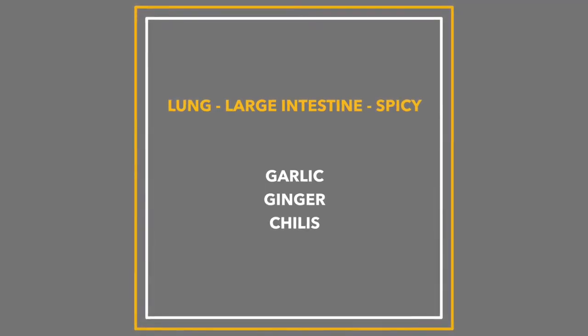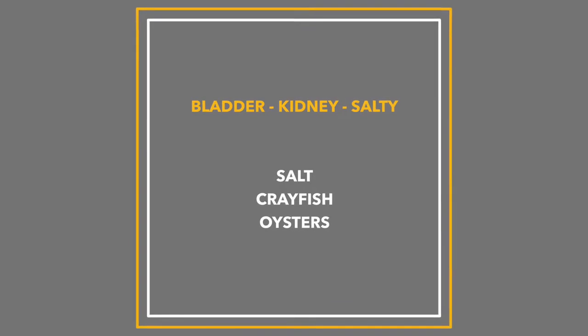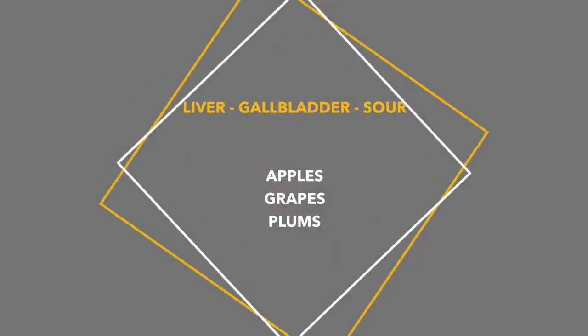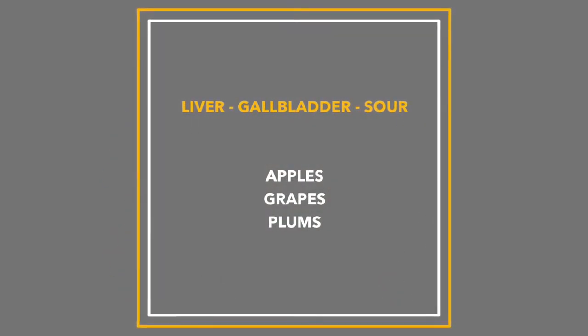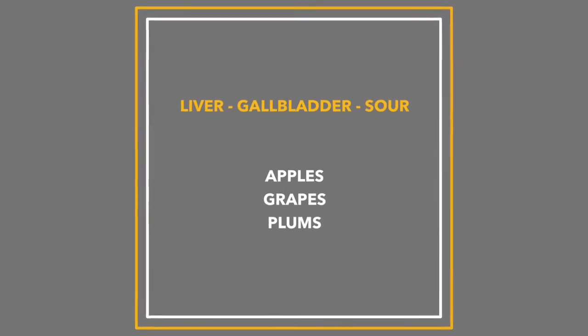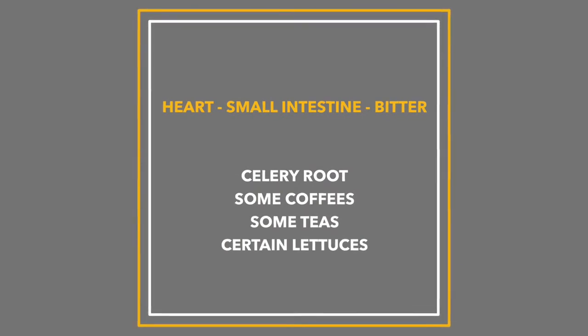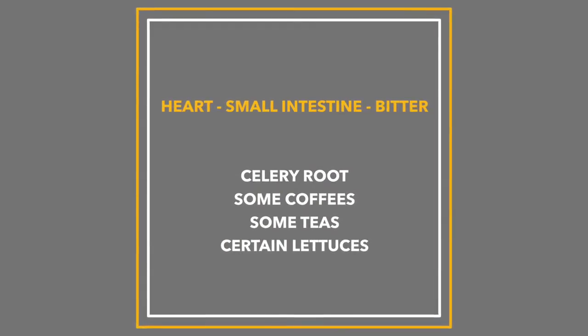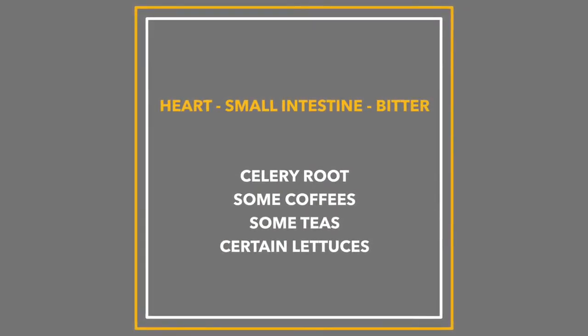The kidney and the bladder are associated with salt, like salt, crayfish, or oysters. The liver and gallbladder are associated with sour, like apples, grapes, plum, and even some cheeses. The heart and the small intestine are associated with bitter, with things like celery root, coffee, some tea, and some lettuces.